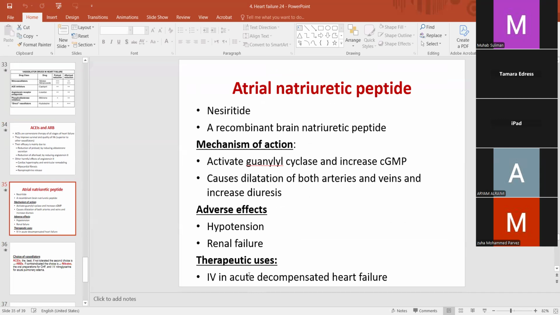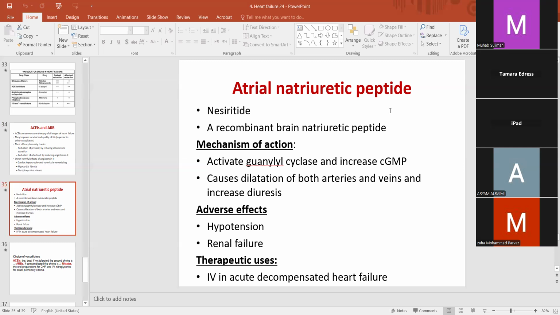The last drug discussed today is atrial natriuretic peptide. This hormone is secreted from the right atrium. When there is congestion of the heart due to heart failure and the heart is full of blood, the atrium will stretch and start to release this hormone, known as ANP or sometimes BNP.